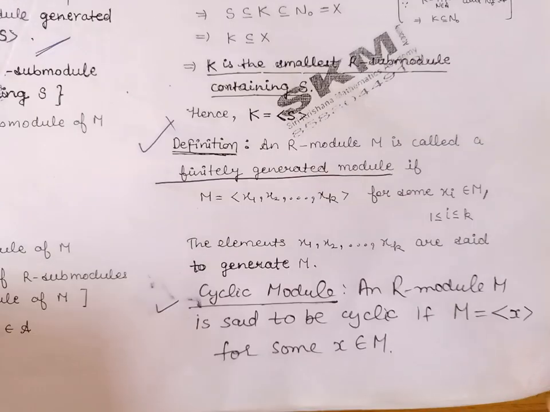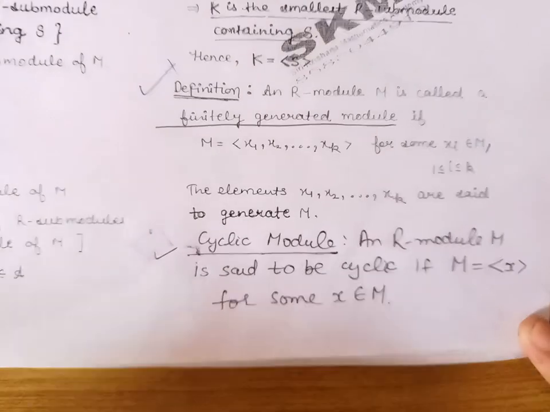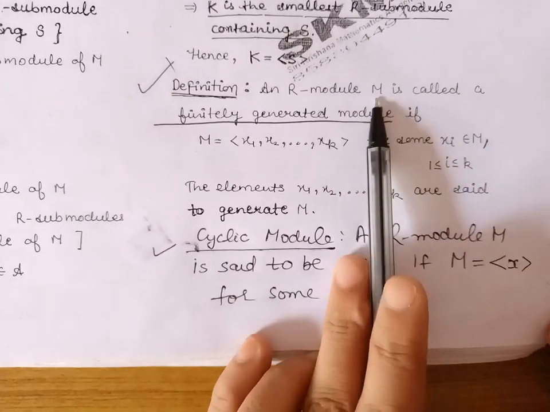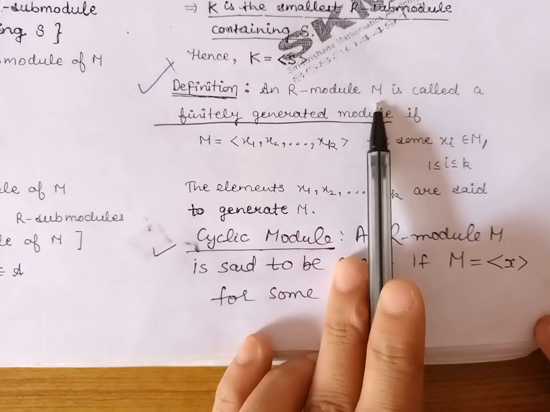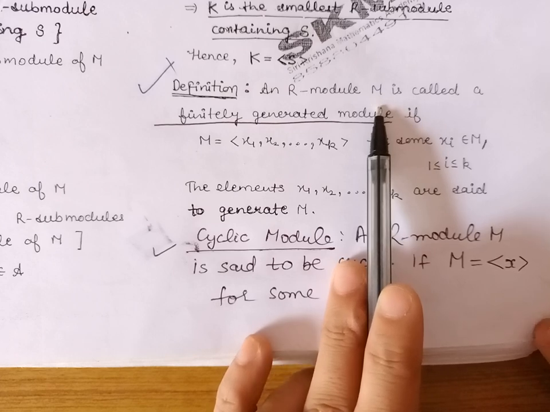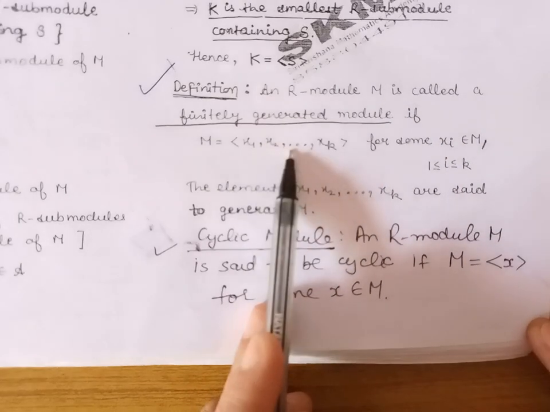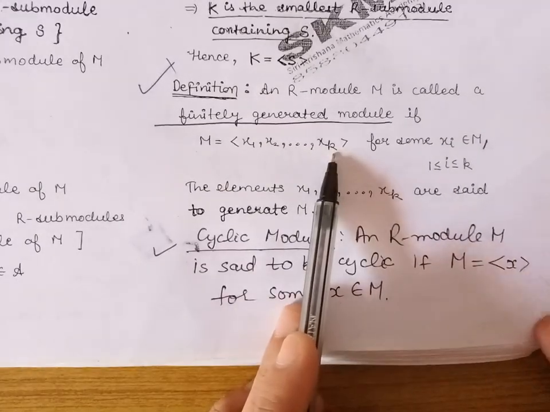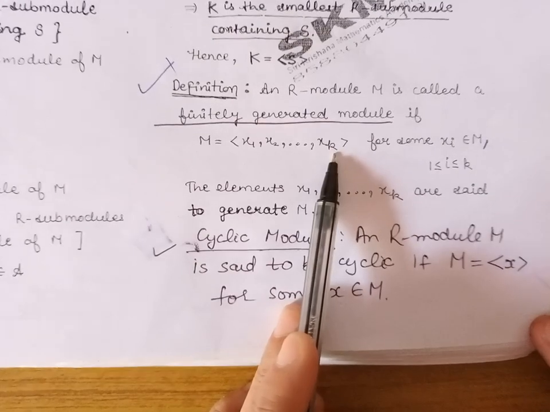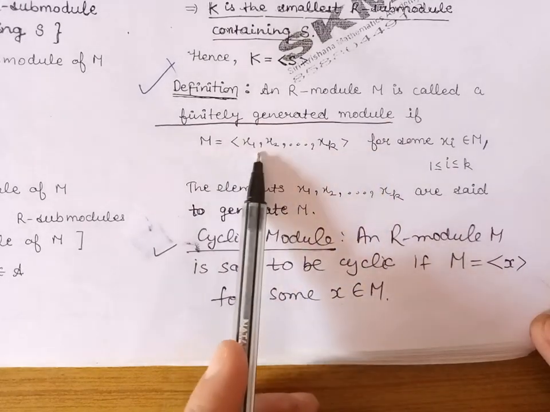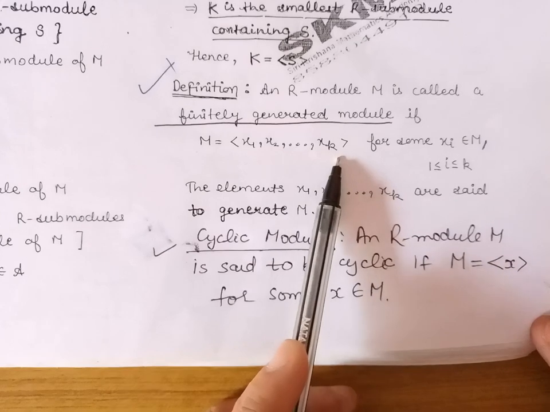Next we define what is a finitely generated module. Let us take M to be a module over the ring R. We say that M is finitely generated if there exist a finite number of elements x1, x2, x3 and so on up to xk belonging to M, such that M is generated by these elements.